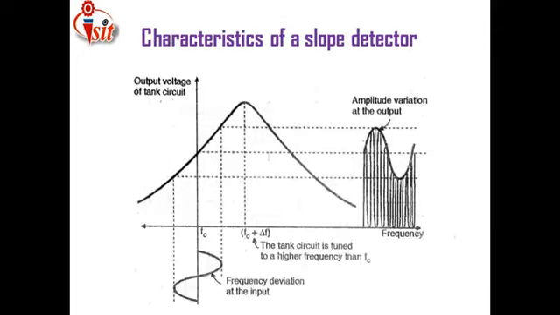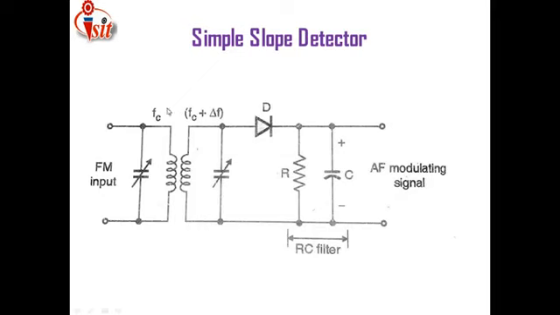That means here we have the primary transformer and here the secondary transformer, and when we compare the input frequencies applied, the primary transformer has the frequency Fc, and the secondary transformer has the frequency Fc plus delta F.